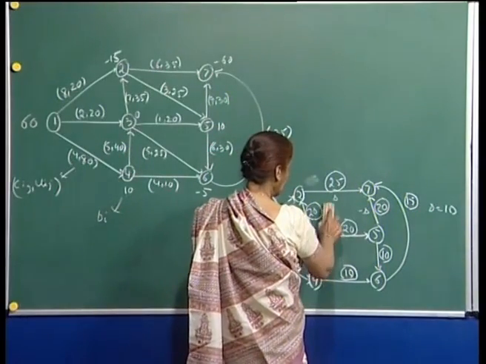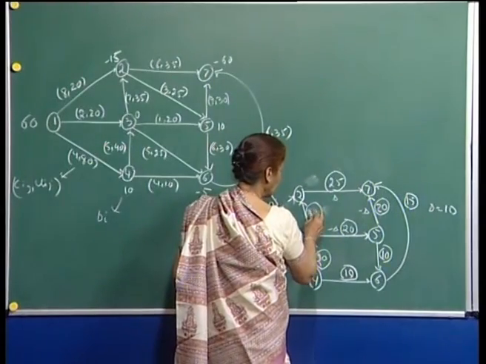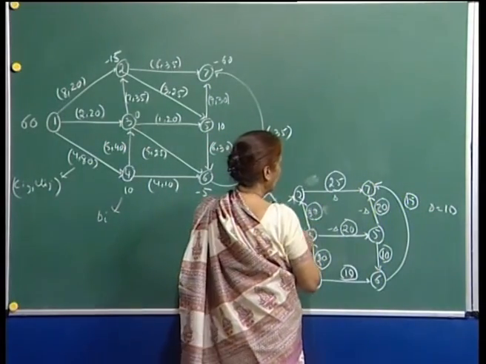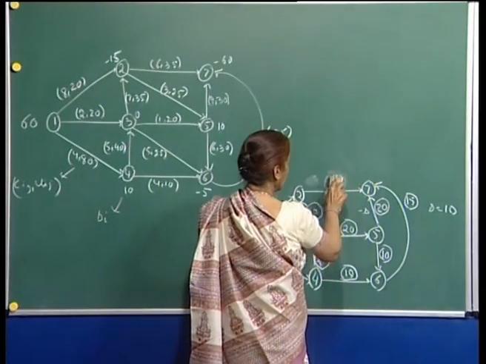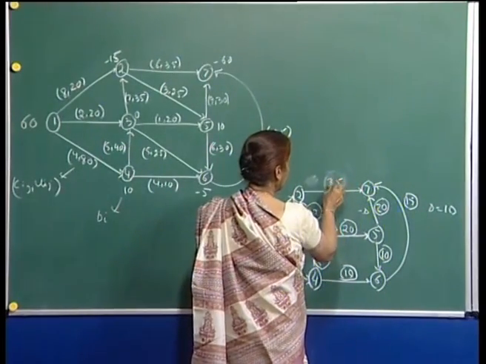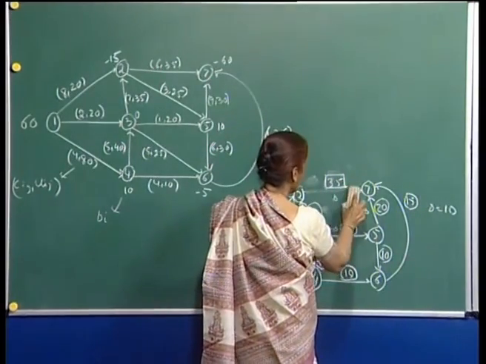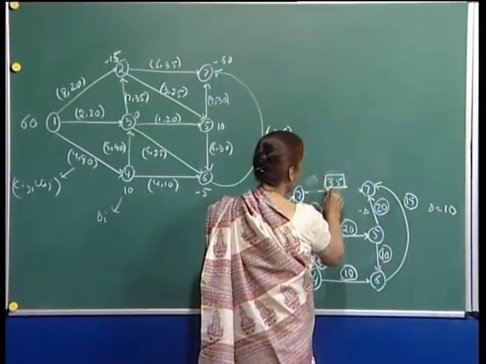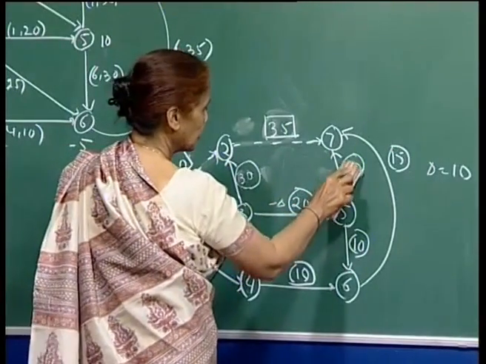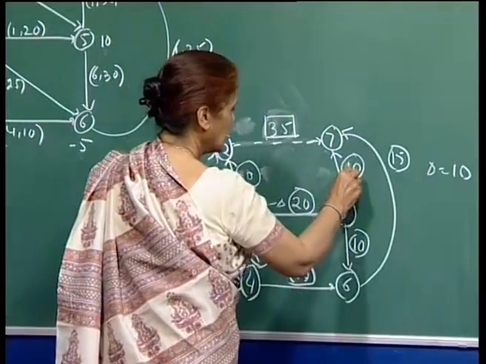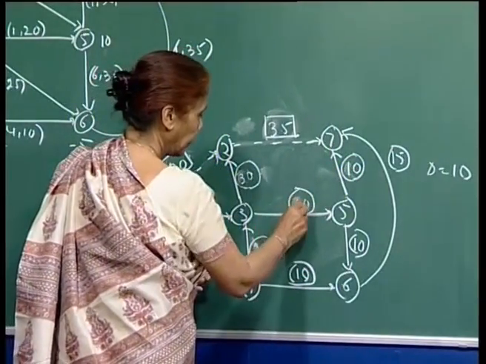So delta is 10, therefore this flow becomes 30, right, and this now becomes a non-basic arc. So this is 35. I'll do it this way, and this is a broken arc, right. So here the flow becomes 10, and here also the flow becomes 10 units.